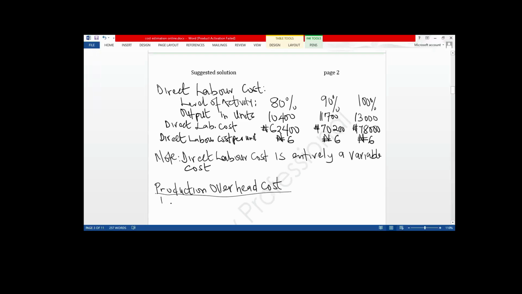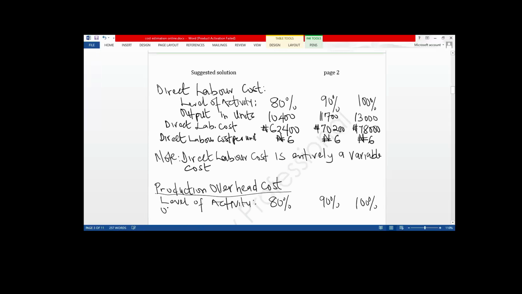You have your activity level as given in the question: at 80%, at 90%, and at 100%.